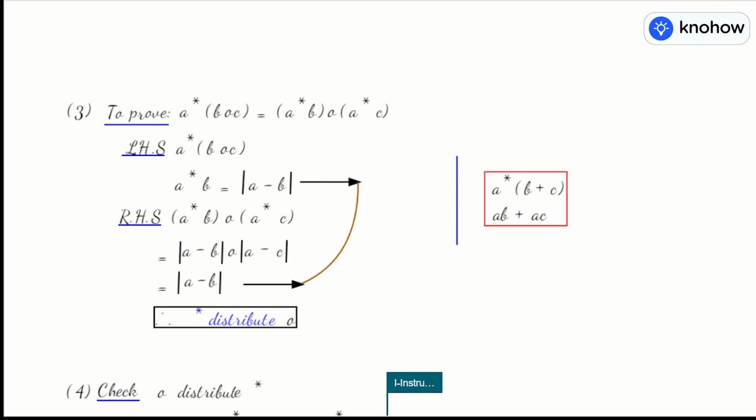Okay. So take the left hand side. AO(B star C). Now when you take AO(B star C), what is the first element in this? Whatever B star C may be, the first element is A, so you get A.